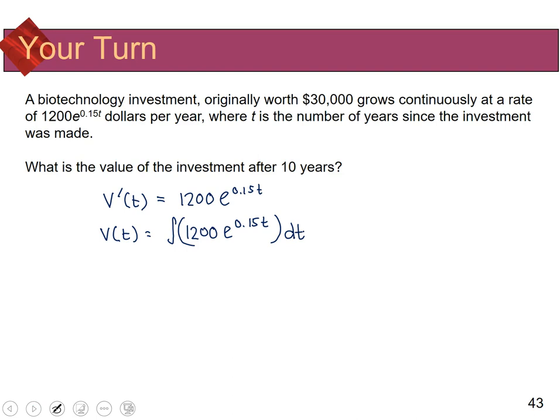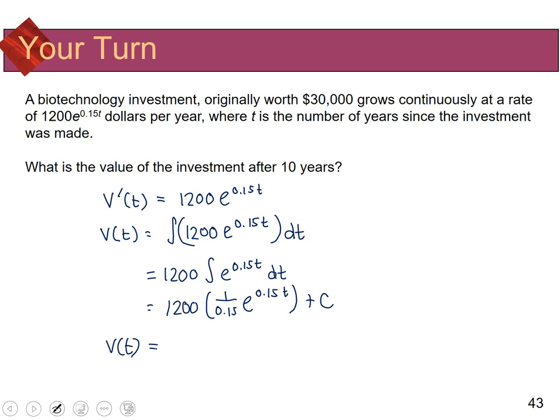So I'm going to integrate this. I'm going to move the 1200 up front. Again, I'm showing more steps. I sometimes will start skipping steps, and once you get the hang of knowing what needs to be done, you can certainly do so yourself. I'm going to get 1 over 0.15 e to the 0.15t plus some arbitrary constant c.